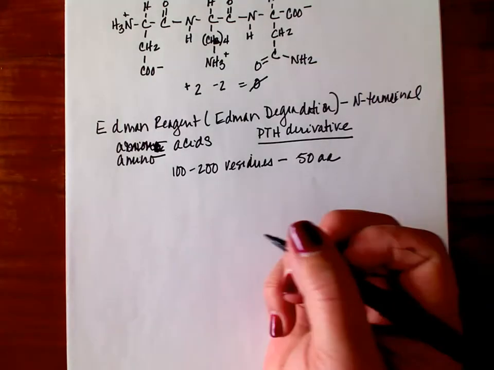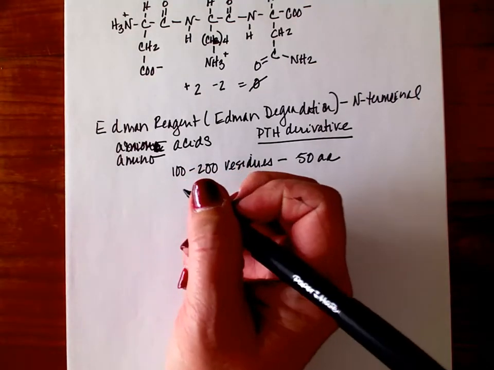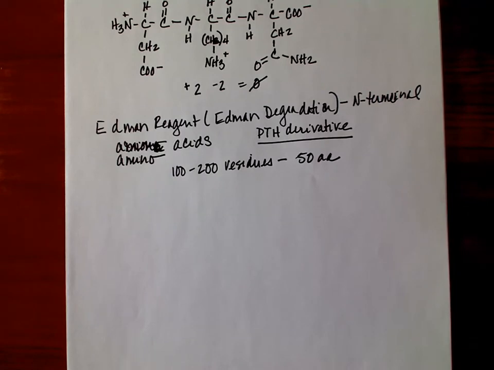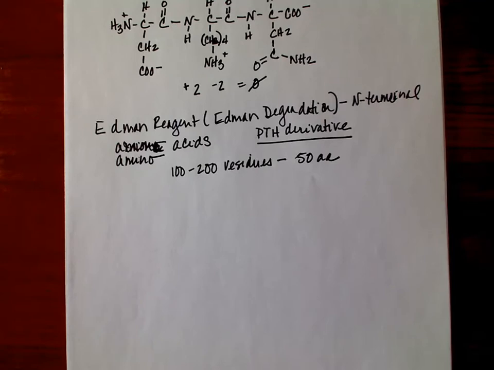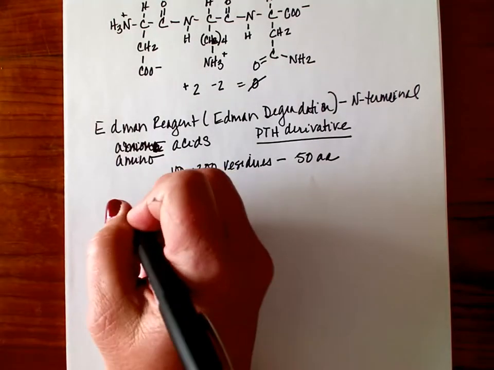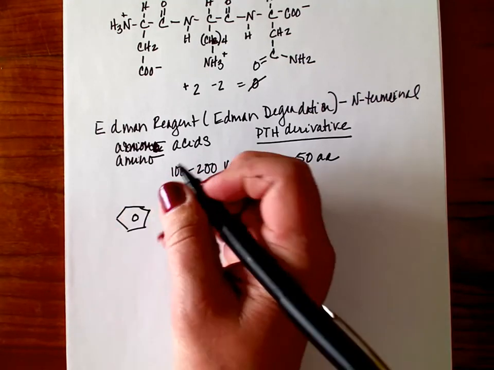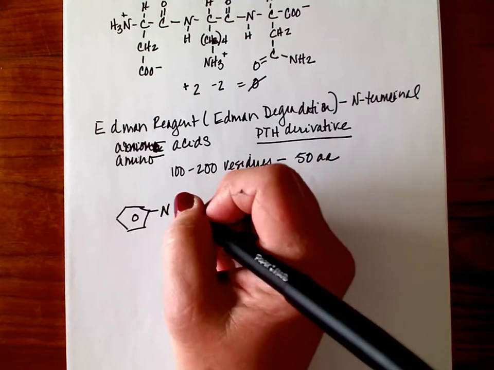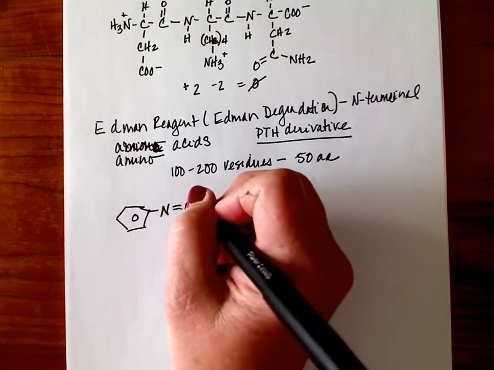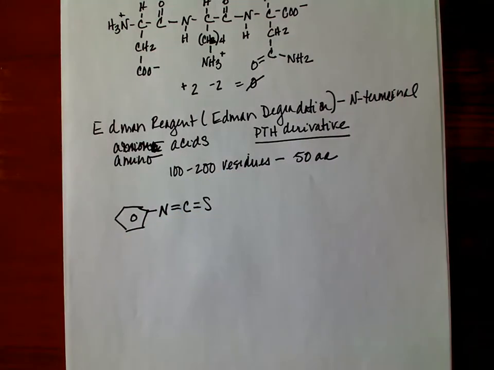We're not going to do all the steps, and you don't need to draw this process, but I want you to be able to recognize the amino acid when it is in that PTH derivative. So we've got our phenyl isothiocyanate, which is the reagent. That's its structure.